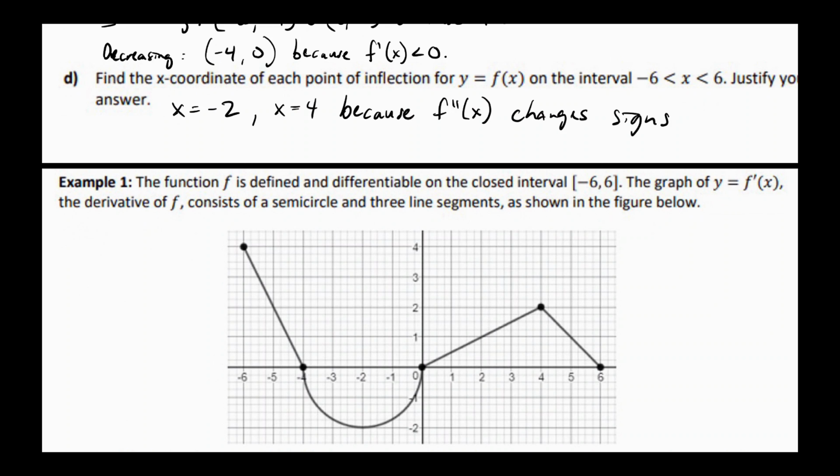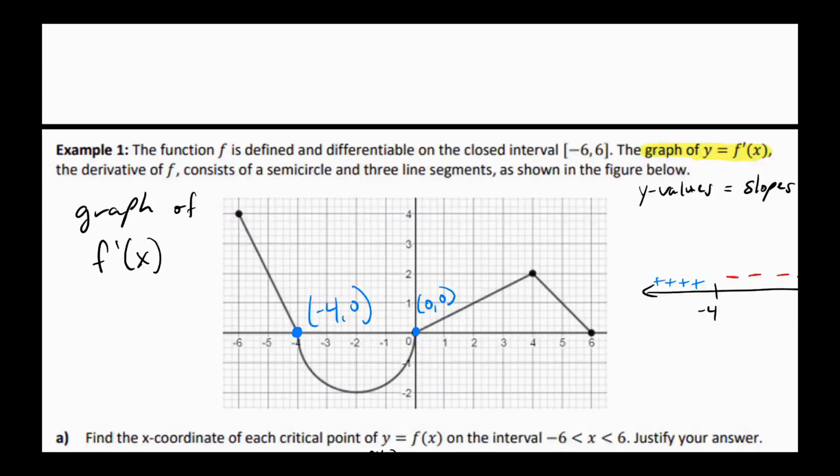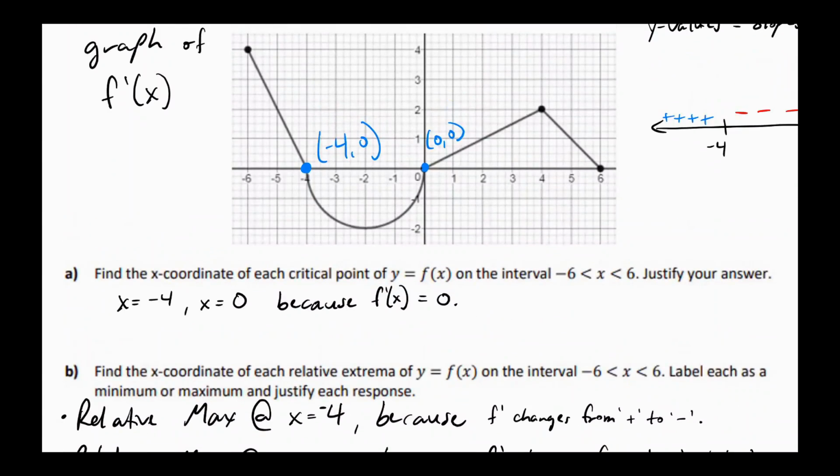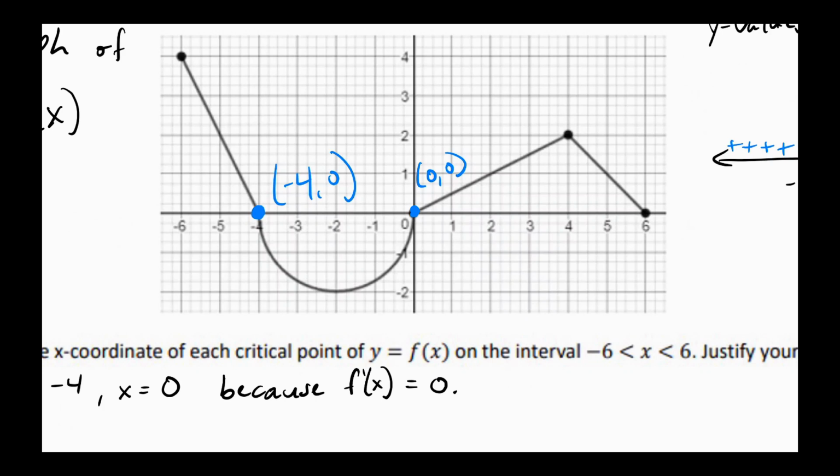Okay? Because it changes signs, it has to be an inflection point. Same thing up here with the first derivative, right? It was positive here, and then did it change to negative? And then it changed to positive? That's the same thing, right?